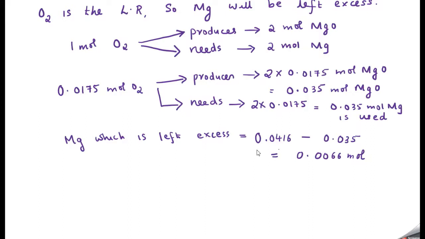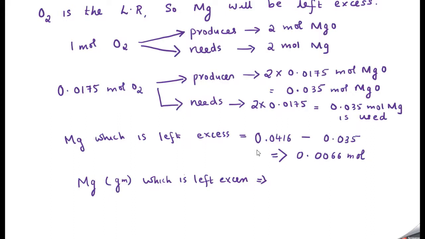We know that oxygen is completely used in the reaction, since it is the limiting reagent. Now suppose in the exam they have given the option not in moles but in terms of mass. Then how will you convert this to mass? We know that number of moles is equal to weight in grams by atomic mass.